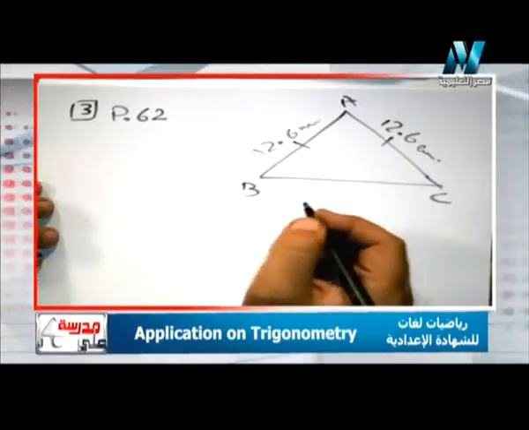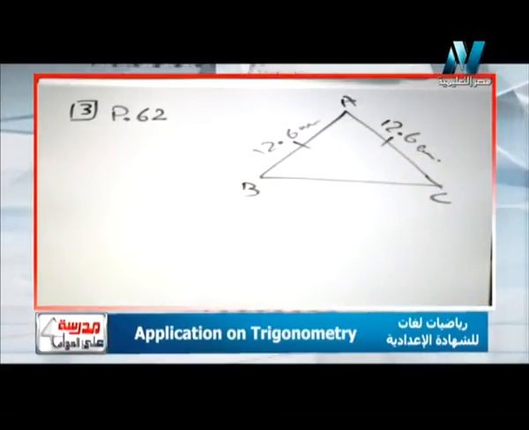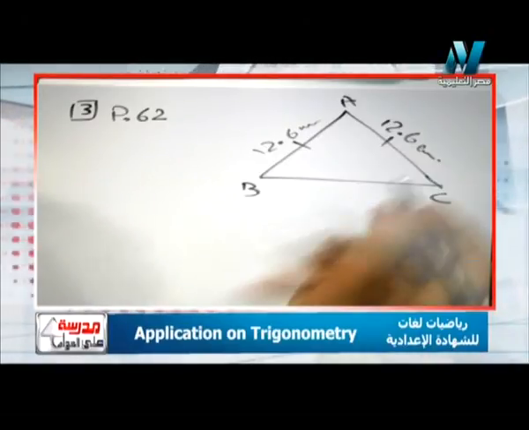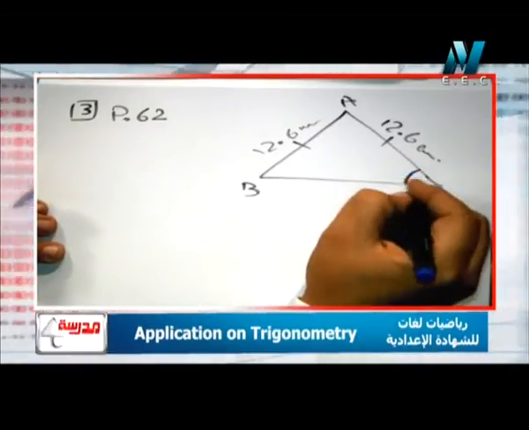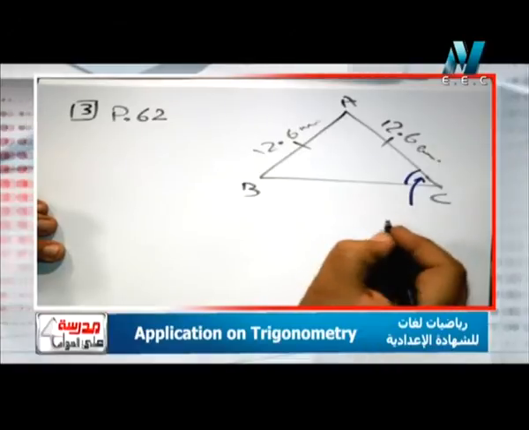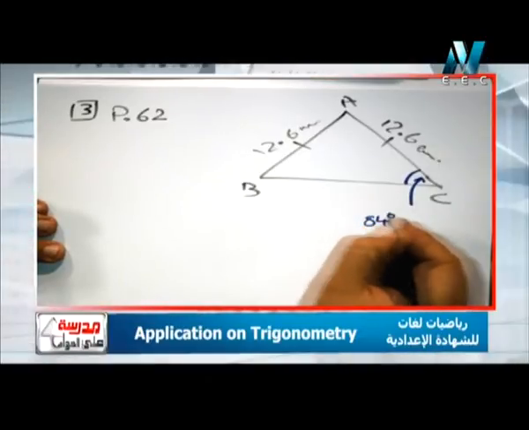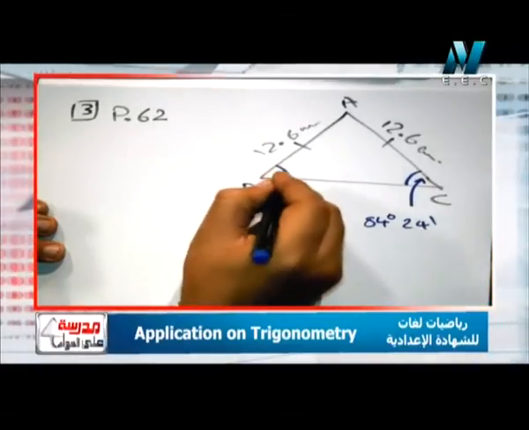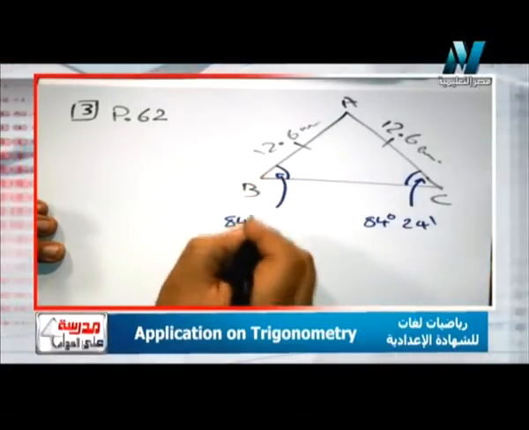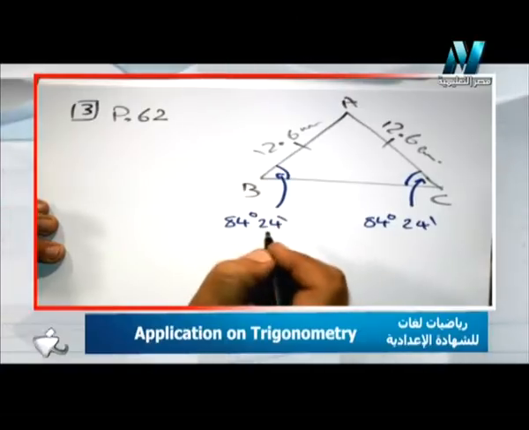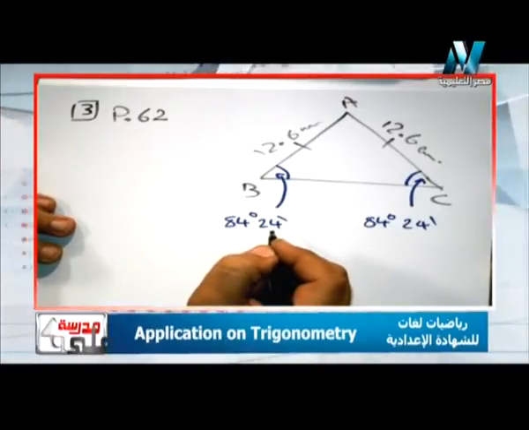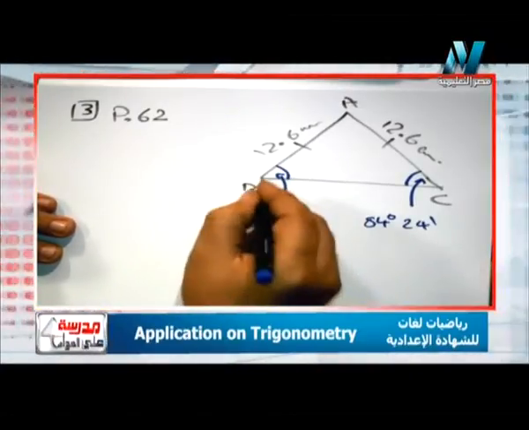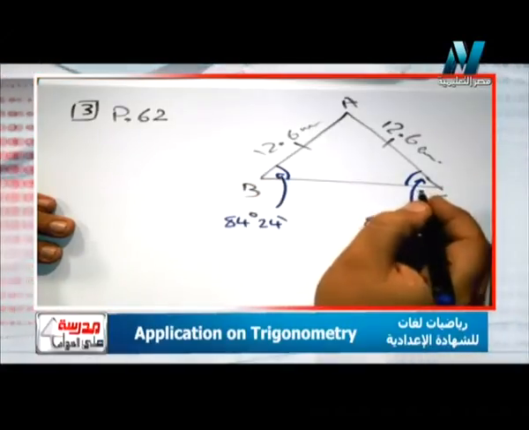Measure angle C is 84 degrees 24 minutes. This is angle C, and its measure is 84 degrees 24 minutes, which is the same as measure angle B. The question says, find the length of line segment BC to the nearest decimal number.